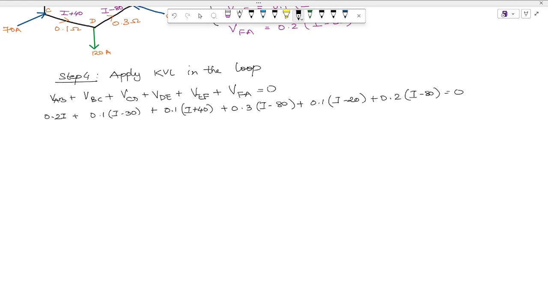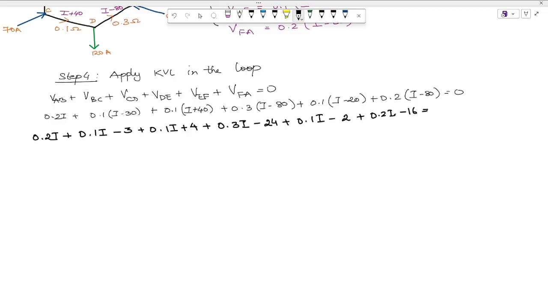So I'm just opening all the brackets and writing down. So 0.2 I plus 0.1 I minus, so 0.1 into 30 is 3, plus 0.1 I plus 0.1 into 40 is 4, plus 0.3 I minus 0.3 into 80 is 24, plus 0.1 I minus 2, plus 0.2 into I minus 16 is equal to 0.